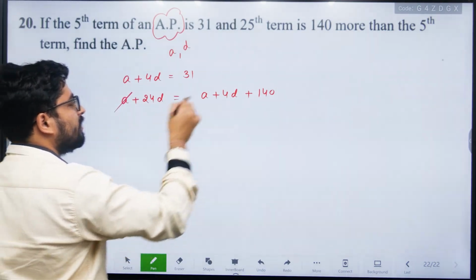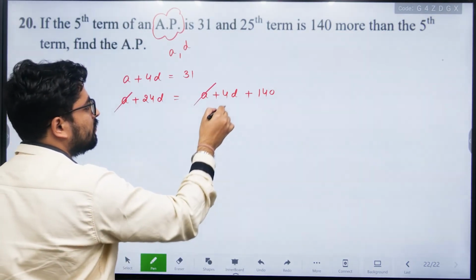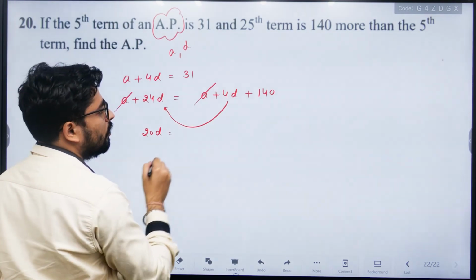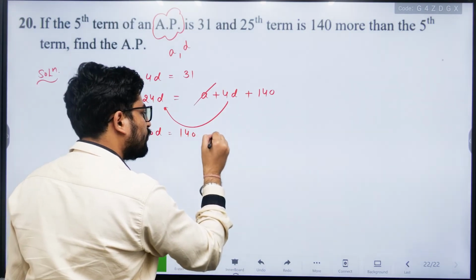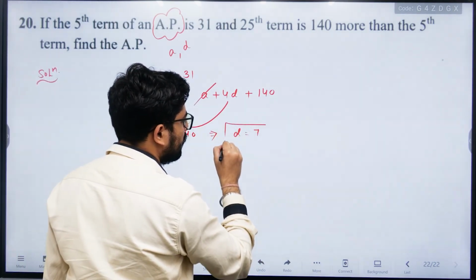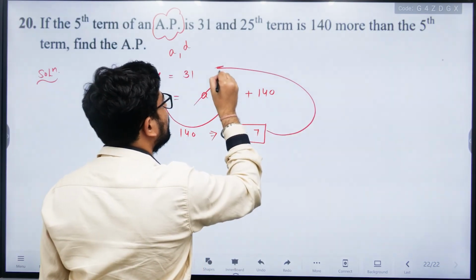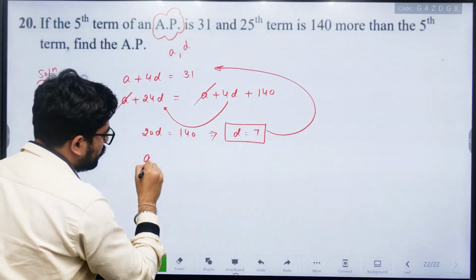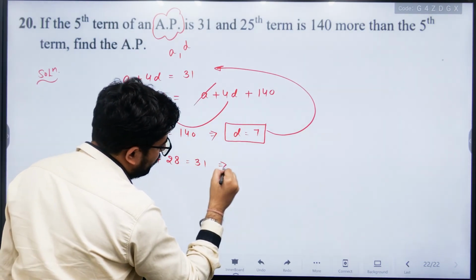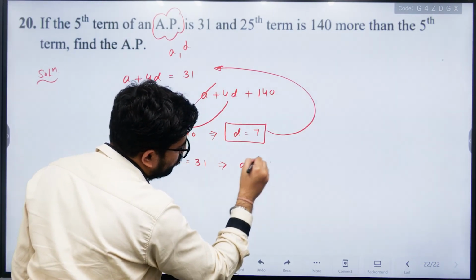So you can cancel a with a, and take 4d here. That will be 20d is equal to 140. So d is equal to 7. Put d equal to 7 here: a plus 28 is equal to 31. So from here you can say a is equal to 3.